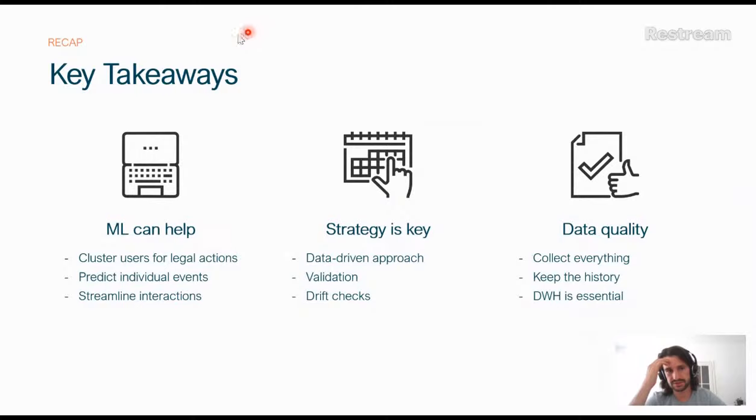And yeah, some key takeaways that I want you to get from this talk, maybe. First of all, machine learning can help real business, for sure. You just have to talk with people who are deeply in the domain knowledge long enough to get their problems, to understand them, and to know how to convert them. So particularly in our use case, ML might help with clustering users for legal actions, or predicting individual events like debt restructuring or bankruptcy, or streamlining interactions.